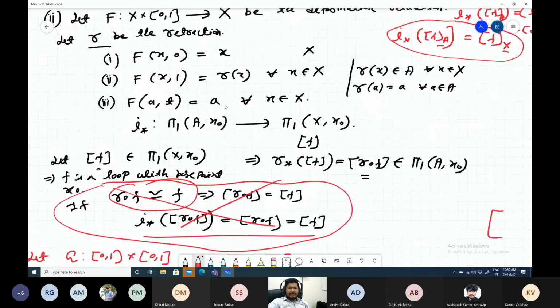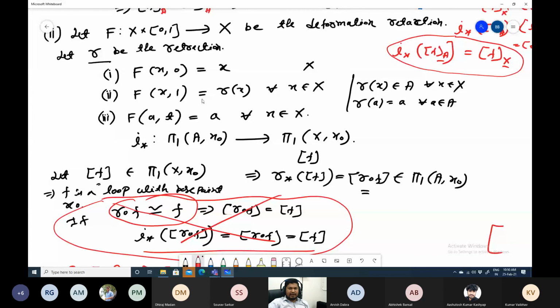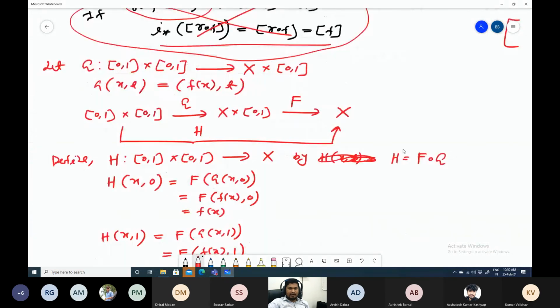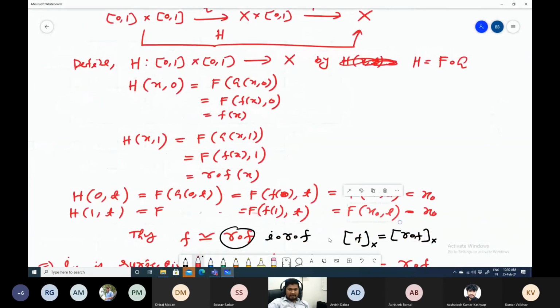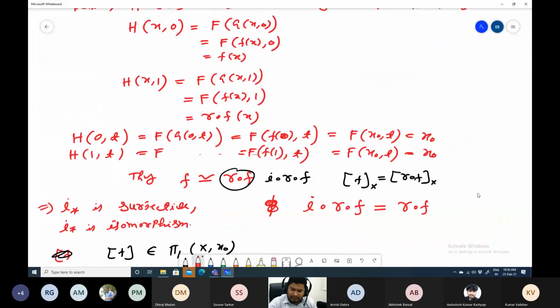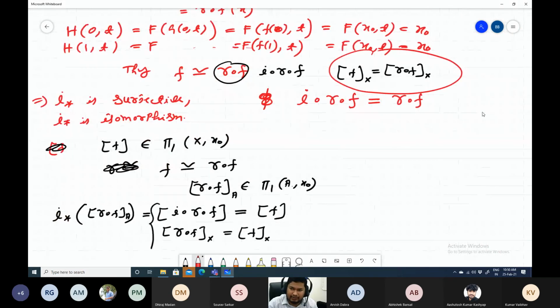Note that here this R is everything in X, and we are getting deformation retracts to X, right? So R is the same as R composed with this one. Now you can see that is done actually.